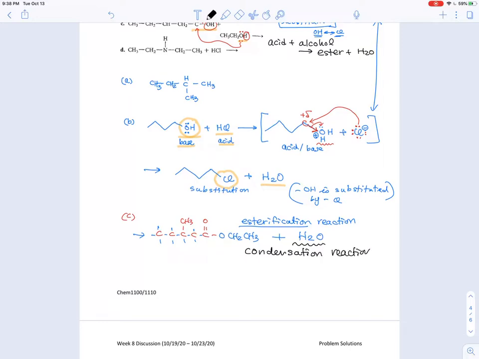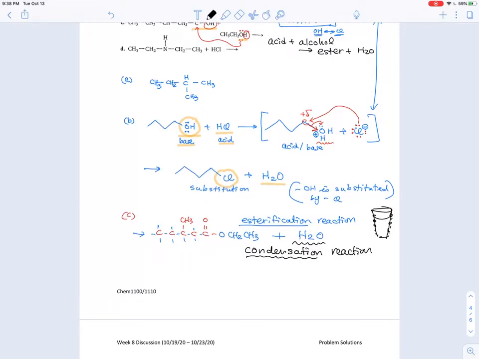Because think about when you have a cup of ice, right? The waters are dripping, the water condensate is happening on the wall. So this is condensation, meaning small molecules are being formed as part of the byproducts, and this is an example of a condensation reaction.